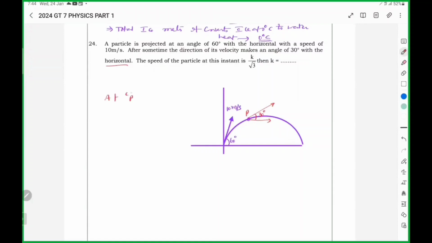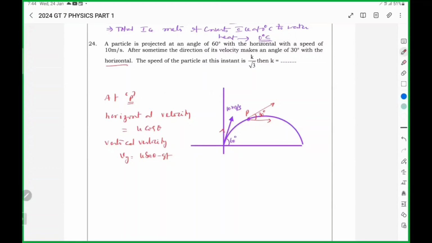At any point in two-dimensional motion, it has a horizontal velocity, which is constant throughout the path, u cos theta. The vertical velocity Vy initially is u sin theta. After t seconds, it is like the formula v equals u plus at.